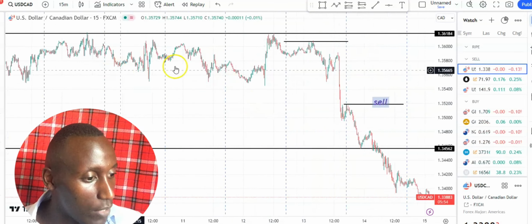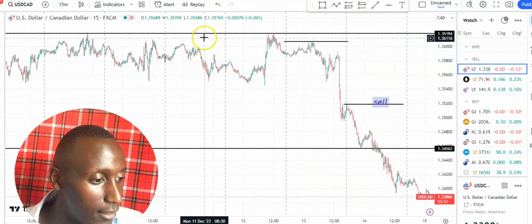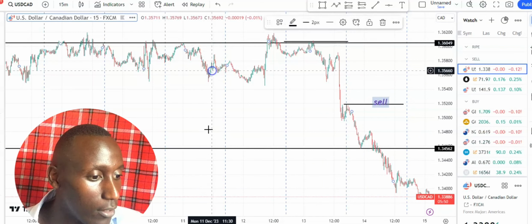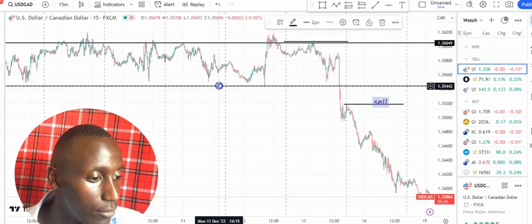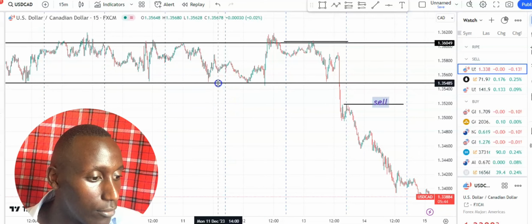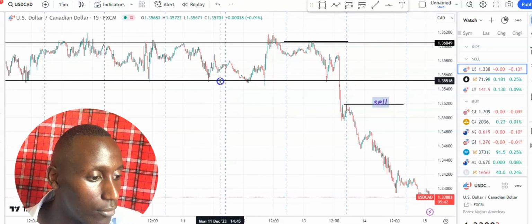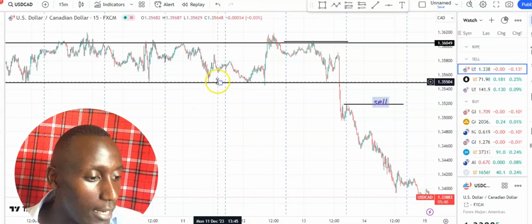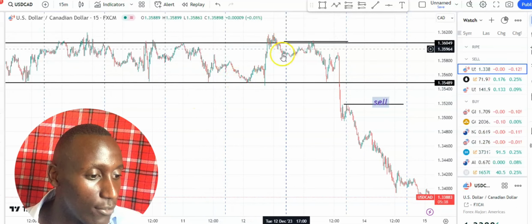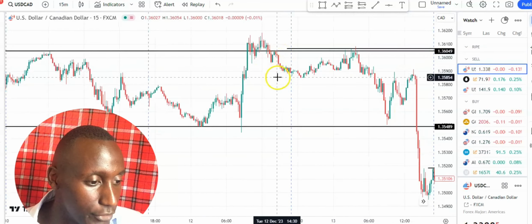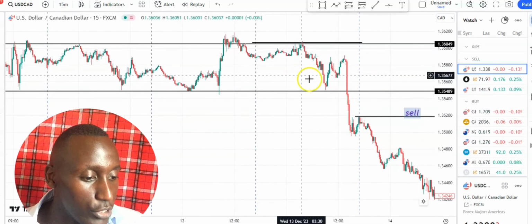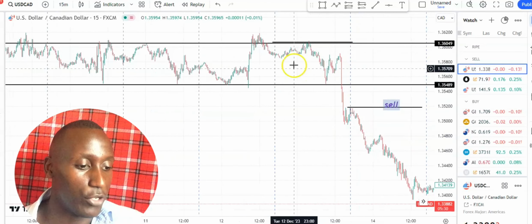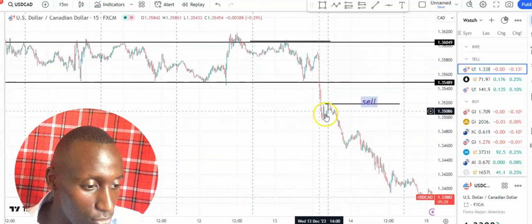It's the same. We have Monday setting the high and the low of the week. Now look at Tuesday. Price breaks out, closes back inside of the range. So this is a failed breakout. So I'd be looking for an opportunity to sell on Wednesday. Now we got the sell on Wednesday, but look at how it closed.